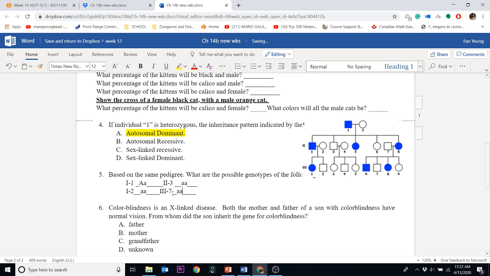Every normal person will be small a. Just remember, in the case of autosomal dominant, if a heterozygous individual is showing the disease like this guy here, then it has to be autosomal dominant. Otherwise, in autosomal recessive, the heterozygous will be a carrier and will not show any symptoms. It will just look normal. He will be just a carrier. But if a heterozygous shows the disease, it has to be autosomal dominant.